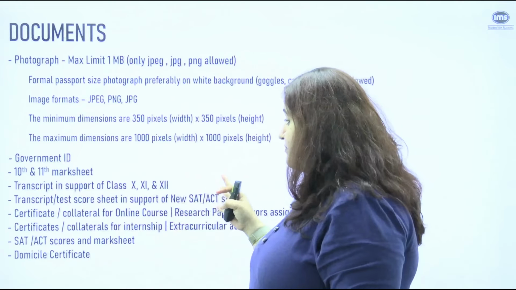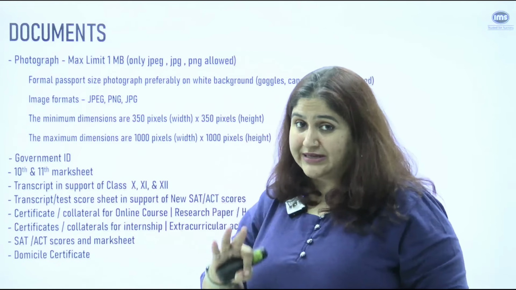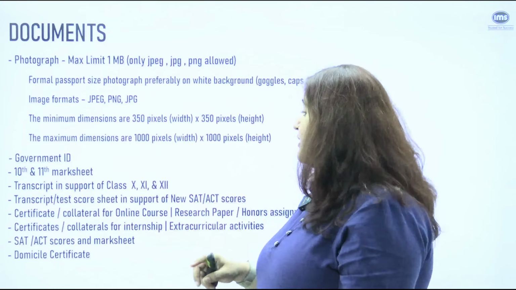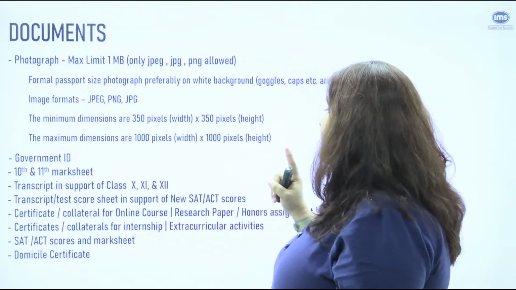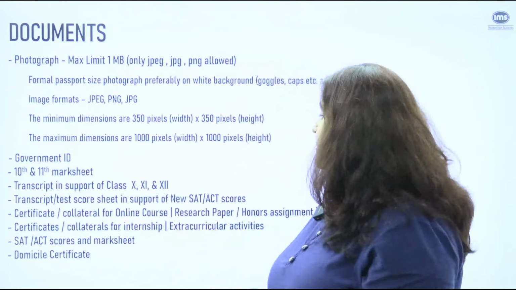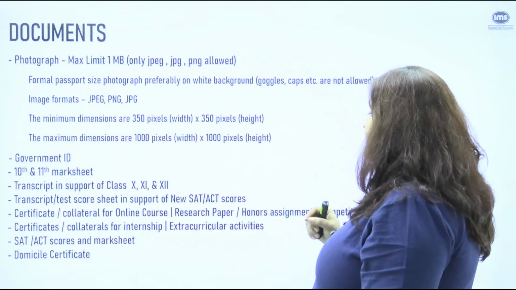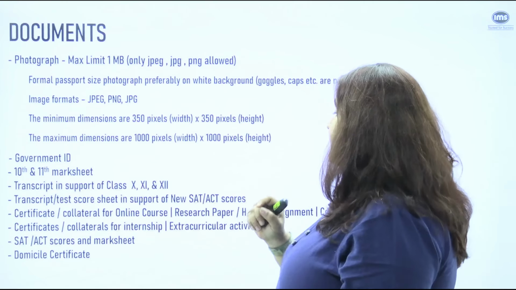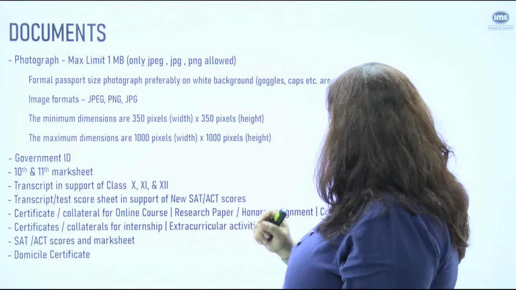10th and 11th mark sheets and 12th predictive scores, if you have them and if your college or school is providing them. Transcripts in support of class 10th, 11th and 12th, as I did mention earlier. Transcript or test score sheet in support of SAT and ACT scores. Certificate collateral for online courses, research papers, honors.